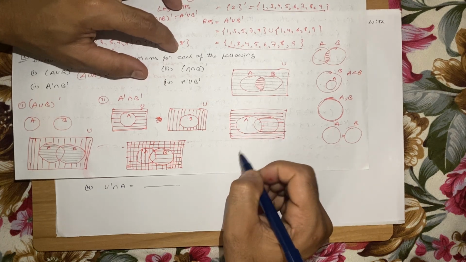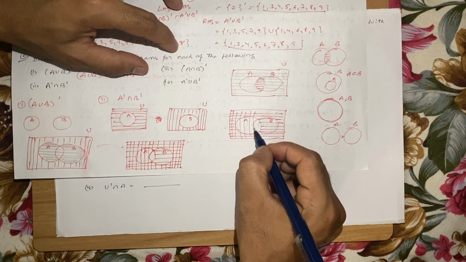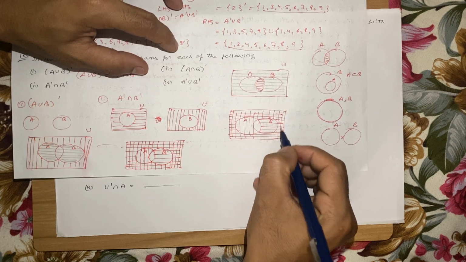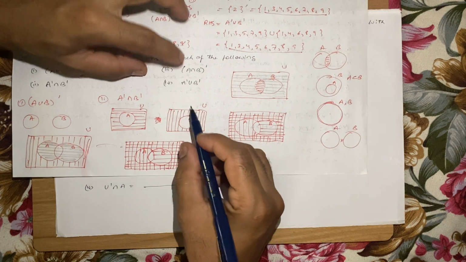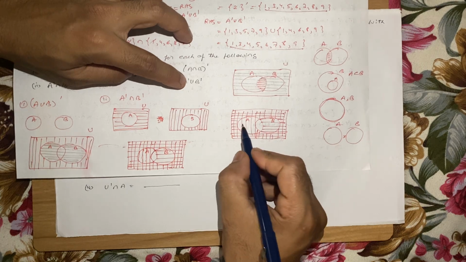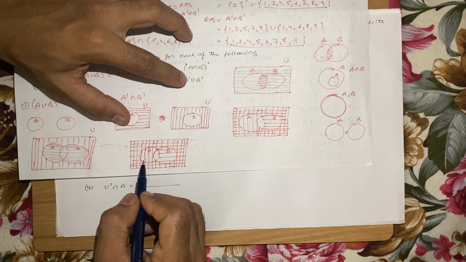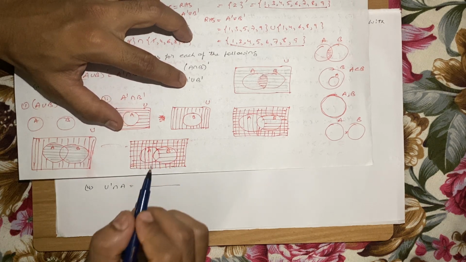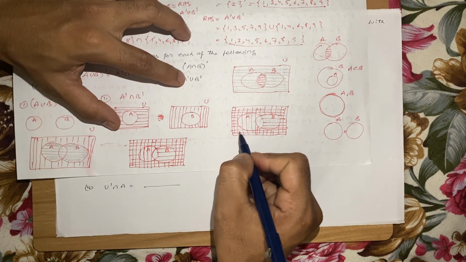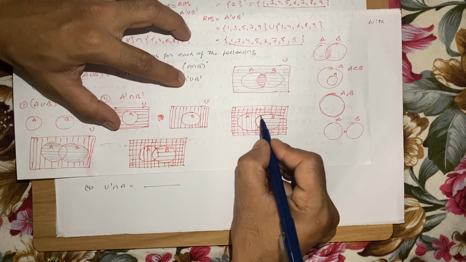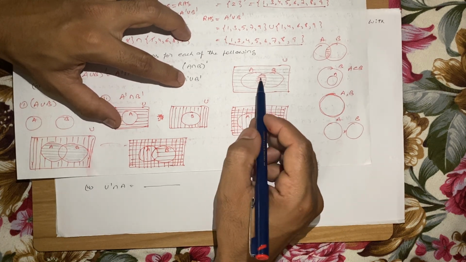This is all that is outside A. And if this is B, all the region outside B. Now, if you look carefully, since I need to do union, I'll also include the single lines, because in case of intersection I need to find the common part, so we don't include the single lines there, but here we include them. So just this region has been untouched, and apart from that, everything is touched. And this is also the same here.